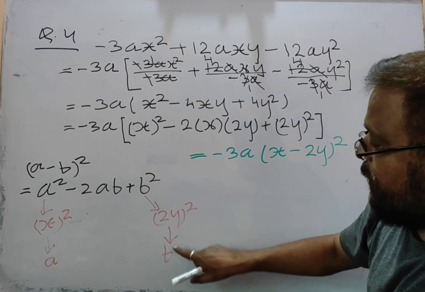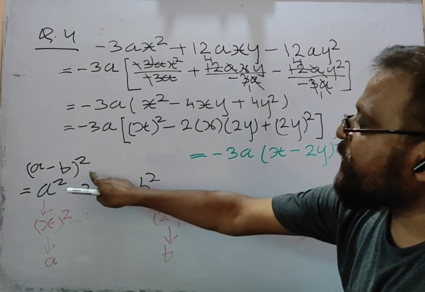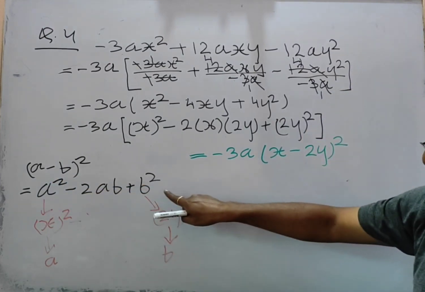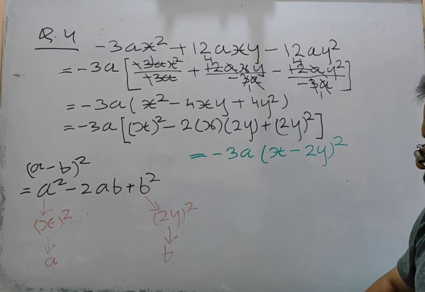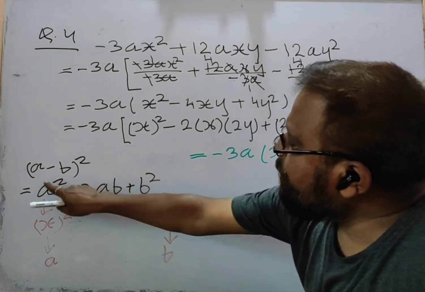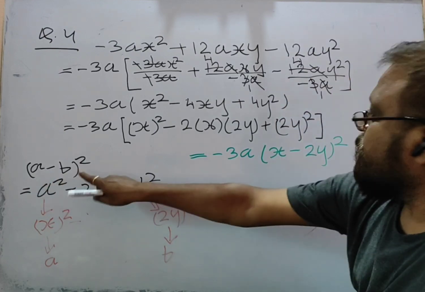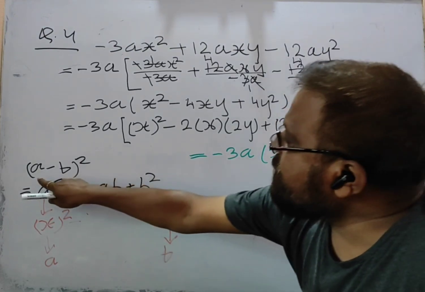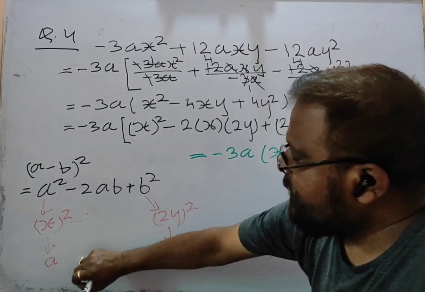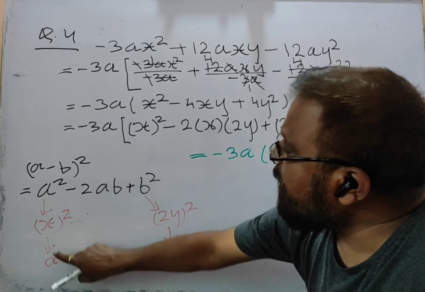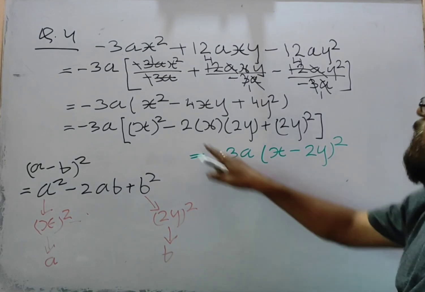So this is b, this is a, and a minus b whole square is equal to this. We use the identity, and when we put the values and expand, we get the same thing again.